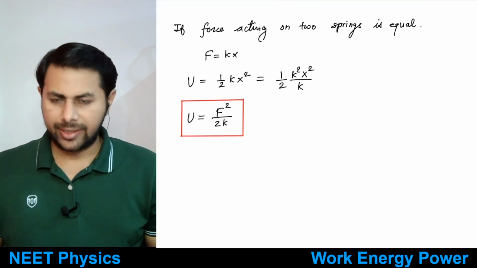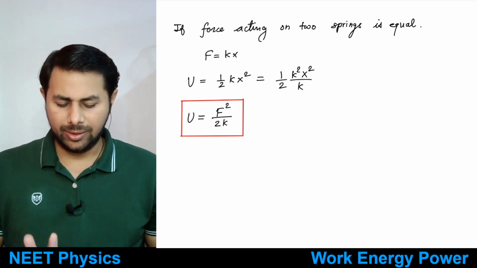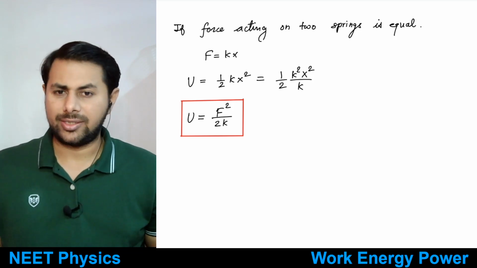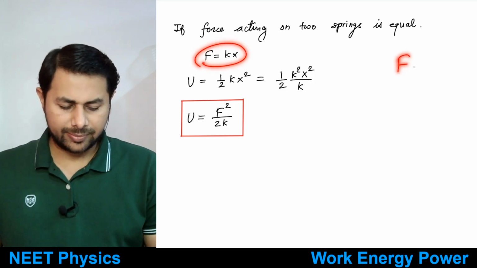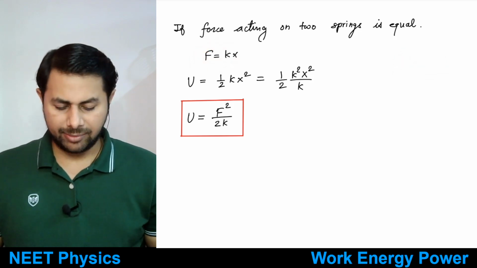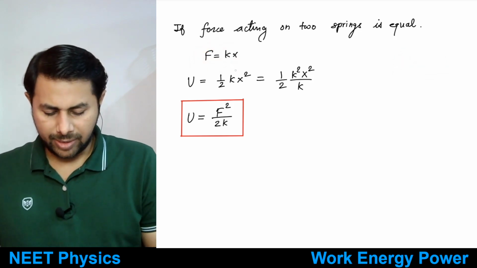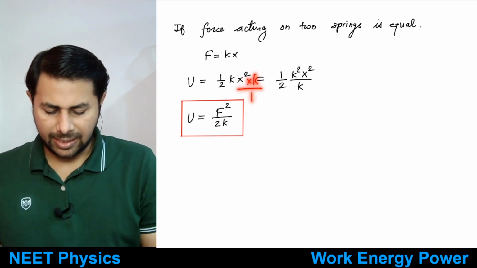So what I am saying is, if the force acting on two springs is equal, how do we compare their potential energies? You know force is equal to k times x, right? So you can just multiply the numerator and denominator by k. So multiply by k and divide by k.